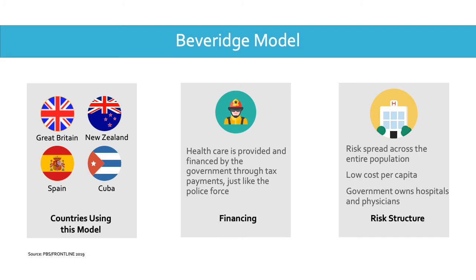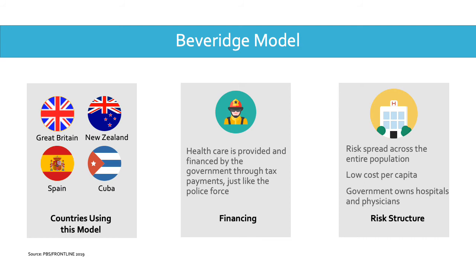Now, in the Beveridge model, the healthcare system is all provided by the government. It is a government-run system. The government is the one that is creating the program, hiring the doctors and the nurses and the hospitals. Think of it like the police force. It's an easy way to think about it: the government owns the hospitals and clinics.